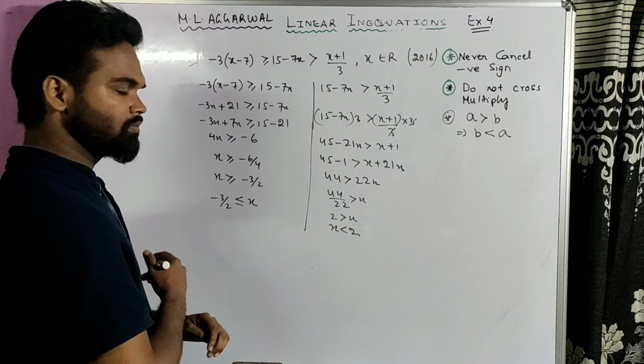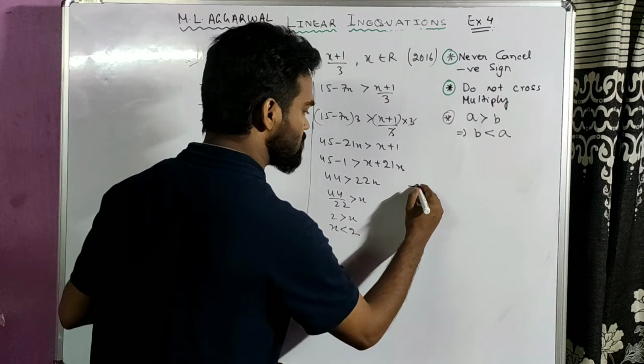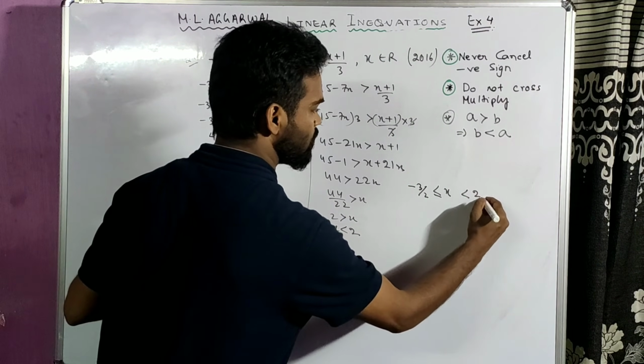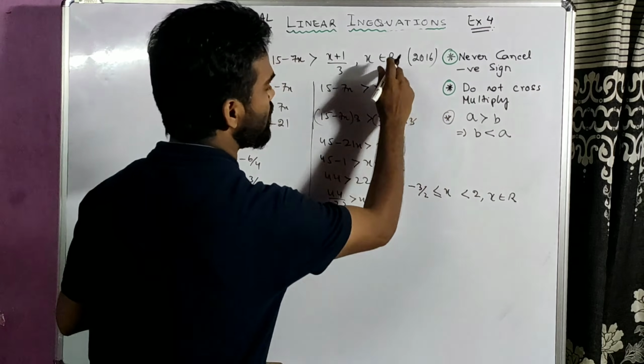Now we'll combine these two. Look carefully. Minus 3 by 2 less than or equal to x, and x is less than 2, and x belongs to real numbers.